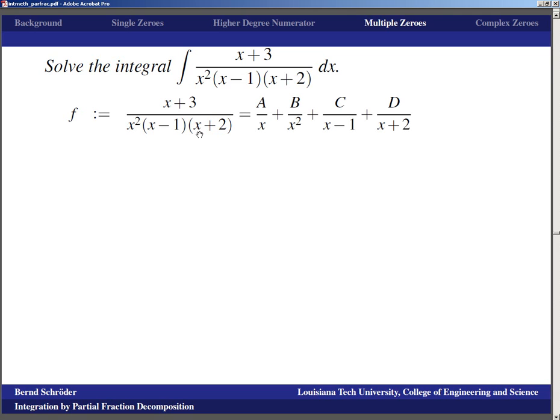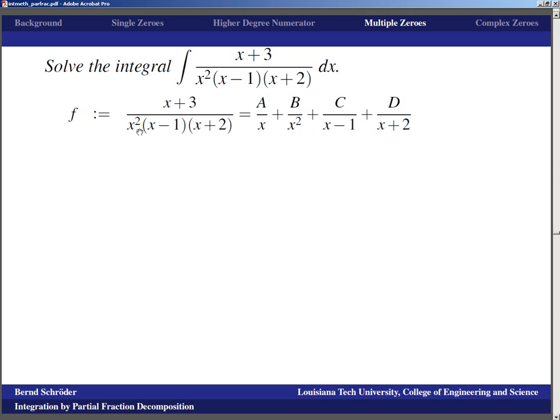Let's work it out backwards. Because of the x minus 2, we must have a term number divided by x minus 2, because of the x plus 2, we must have a term number divided by x plus 2. Because of the x minus 1, we must have a term number divided by x minus 1. Because of the x squared, we must have a term number divided by x squared. And now, if necessary, look at the slides or scroll back in this presentation, go back to the background.